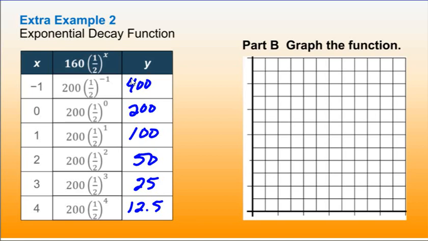So now in our graph, you can notice that I only have quadrant 1. And the reason why I'm using just quadrant 1 is because the domain has to be a positive number. So now if I plot these on here, I need to come up with what I'm going to be counting by, so my y coordinates.